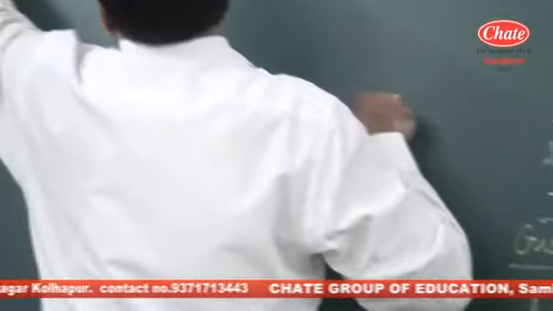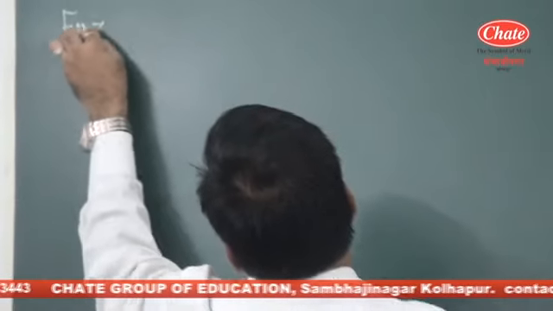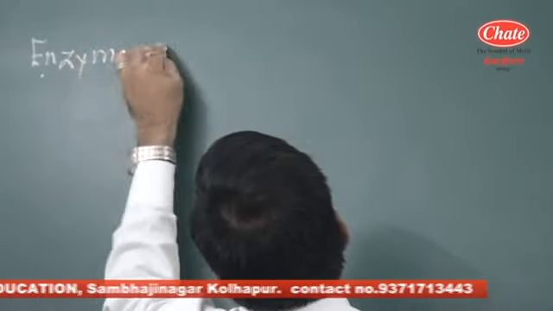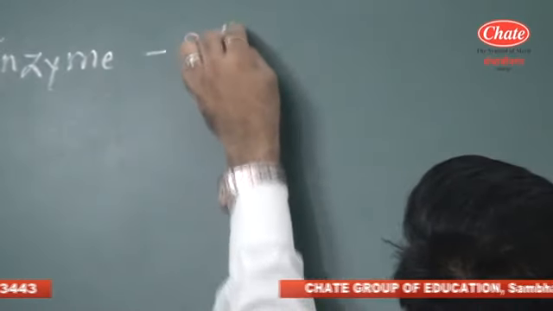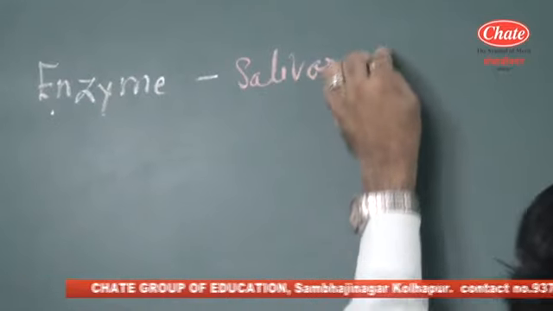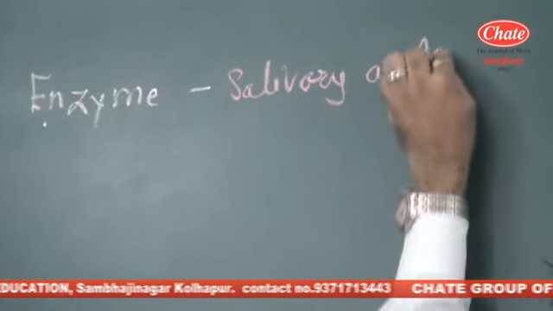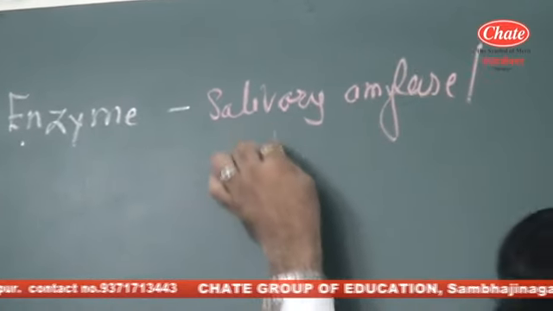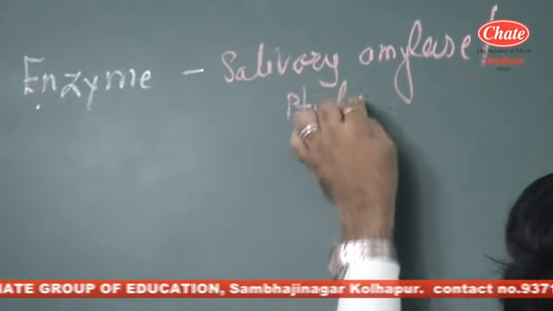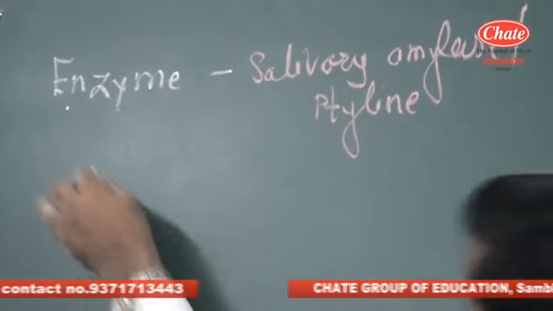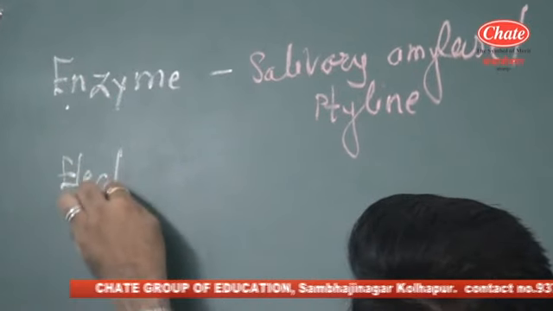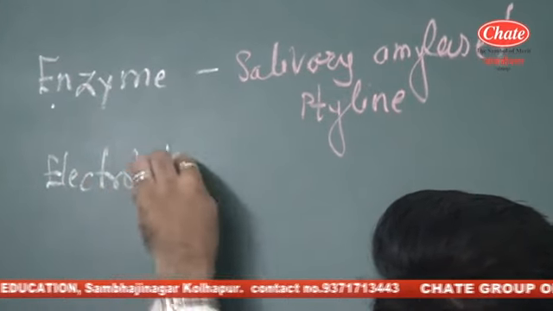First, enzyme. The enzyme present in saliva is termed as salivary amylase or ptyalin. Then the second component, that is the electrolytes.